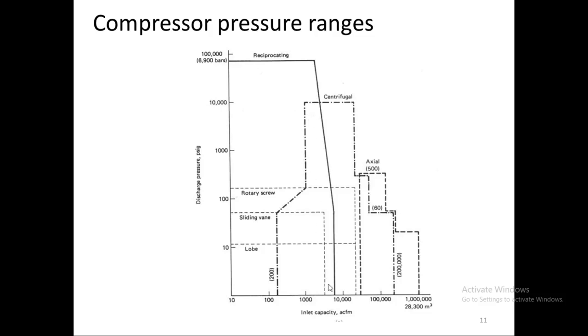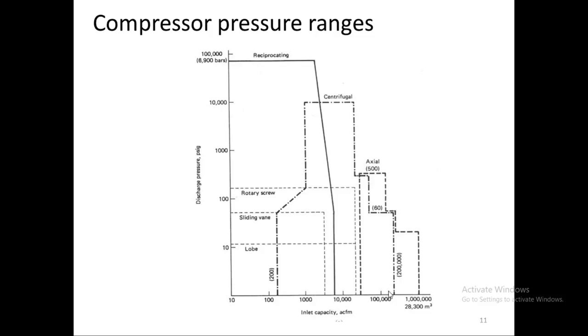Then the second will be the centrifugal type of compressor, and the rotary screw type, sliding vane and lobe. But if you compare the pressure and the intake volume, you can see that the highest pressure can be achieved by the reciprocating compressor.